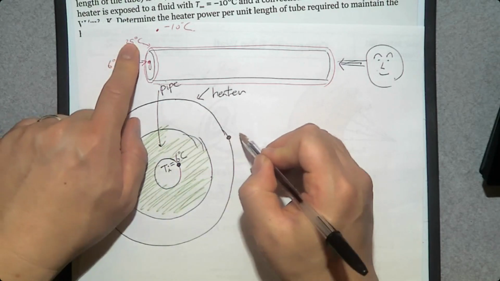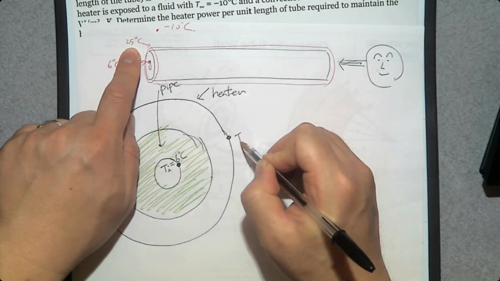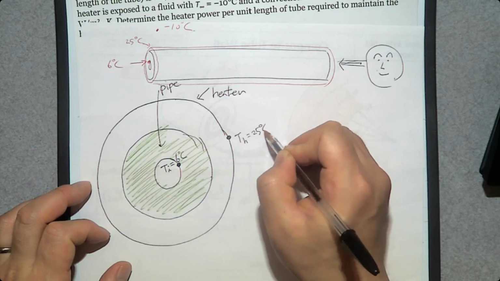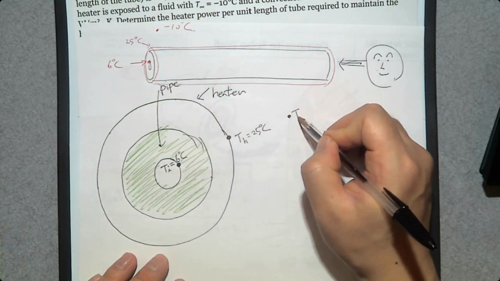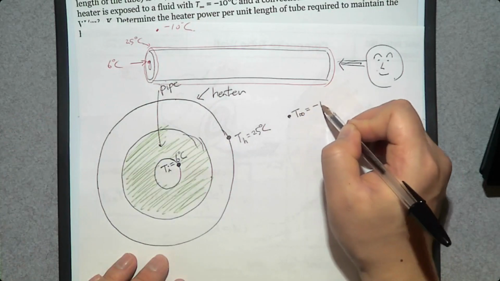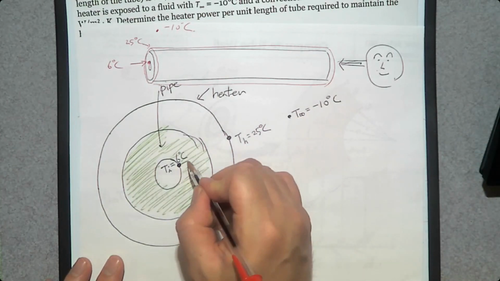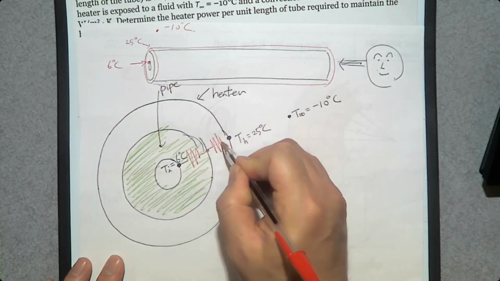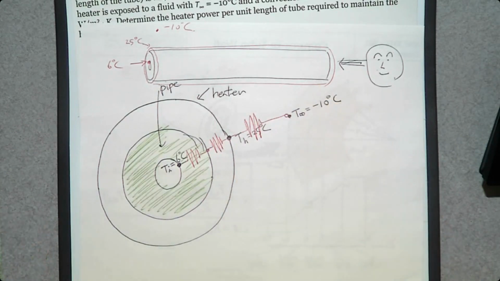We have the temperature of the heater, Th, is going to be 25 degrees Celsius. We have the fluid outside, T infinity, is going to be minus 10 degrees Celsius. How many resistances? One for the conduction, one for the contact resistance, and one for this convection. So there are 3 resistances.